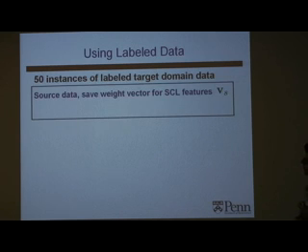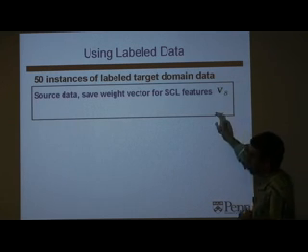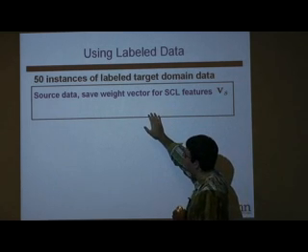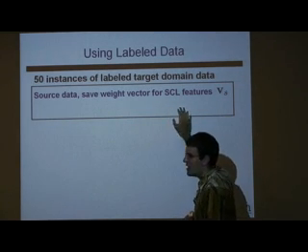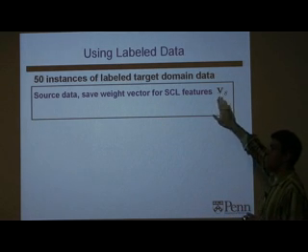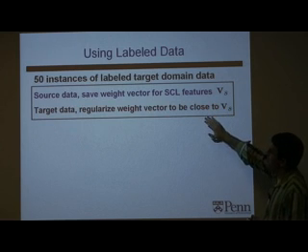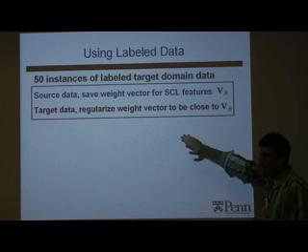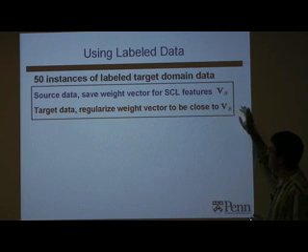Again, we're assuming that we're using the same training procedure as before, so here's what we're going to do. I'm going to train on the source data, save the weight vector here, v sub s, for the SCL features, the low-dimensional features. Now, on the target data, we're going to simply regularize the weight vector to be close to the weight vector we had from the source domain.